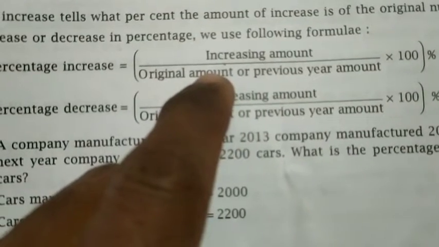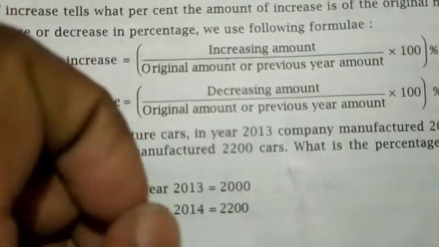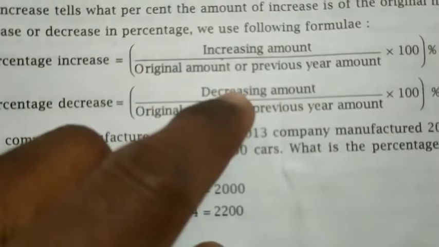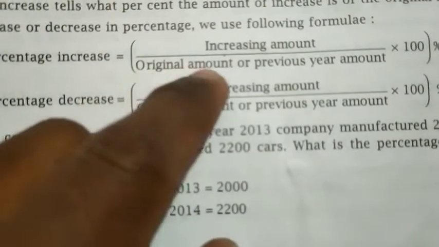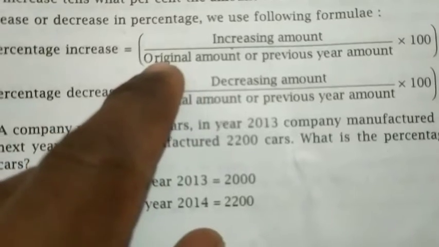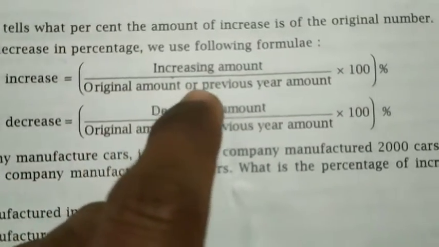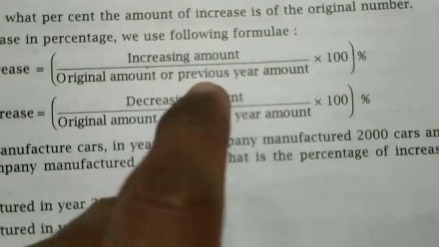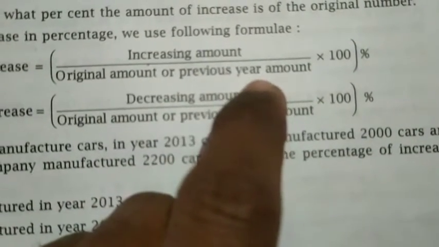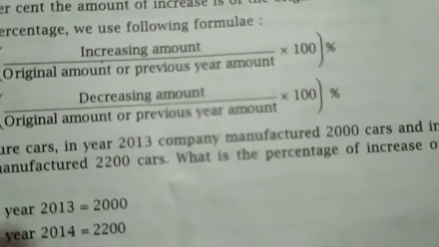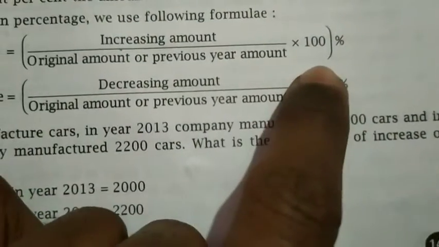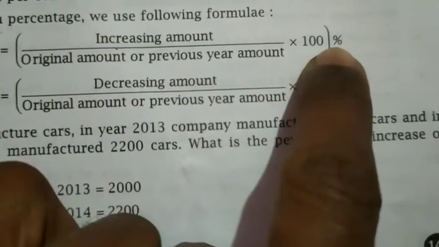Original means what was before increasing or before decreasing, what was at the beginning, or the previous year amount. It is related to questions about time periods. Into 100 and then add the percentage sign.